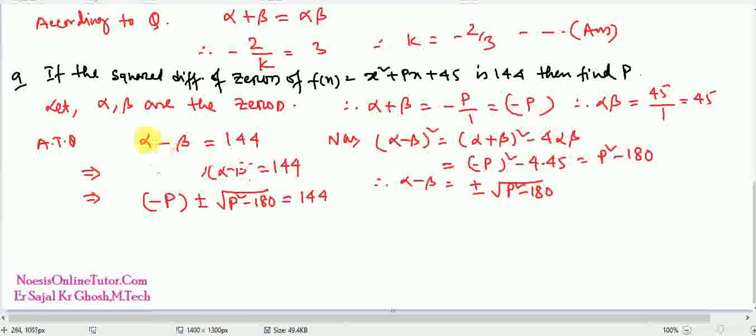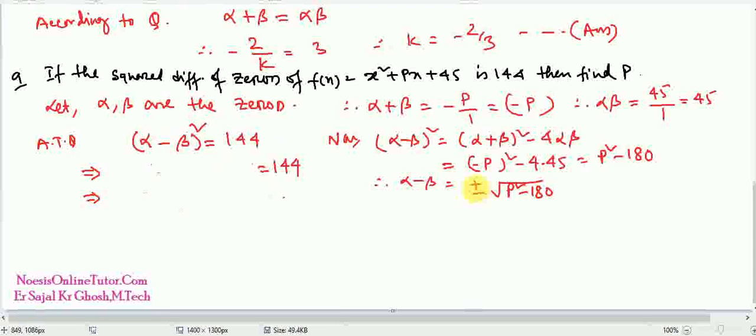That means this one equal to 144. Okay, then I have to write like this. I could write alpha minus beta whole square.